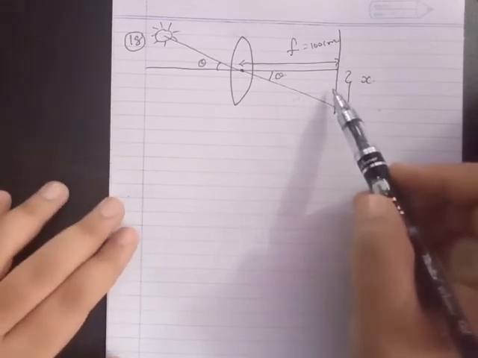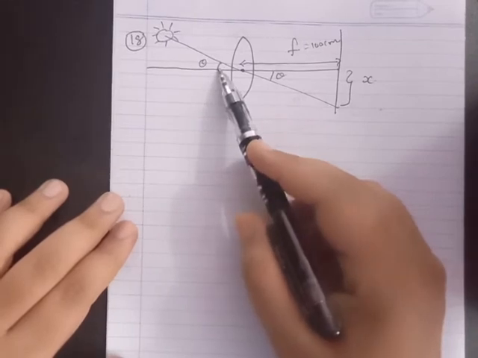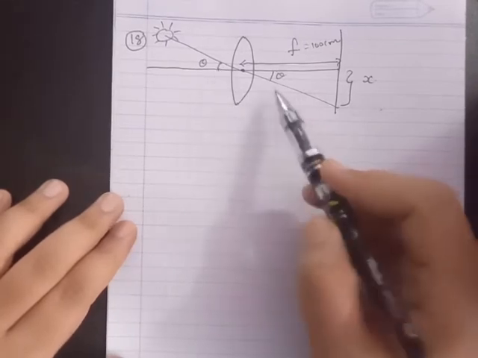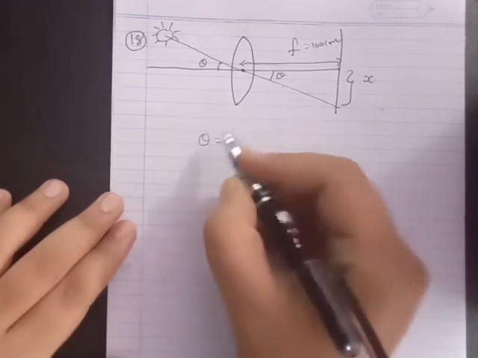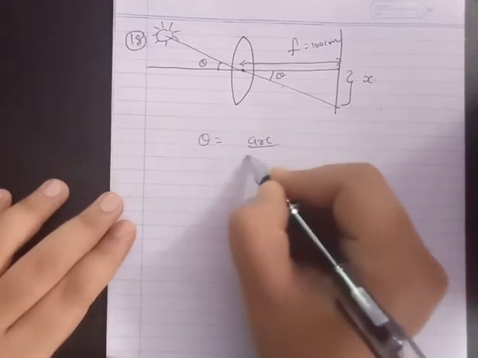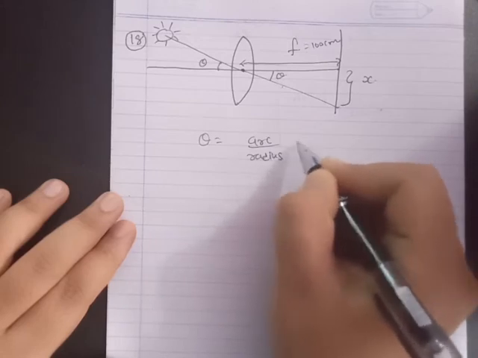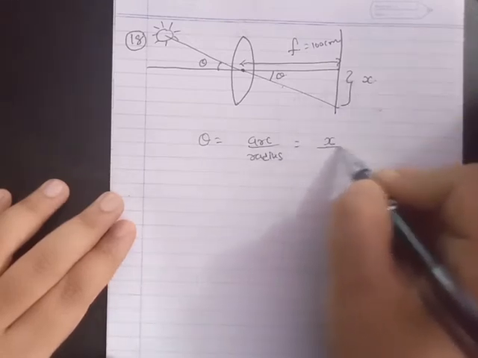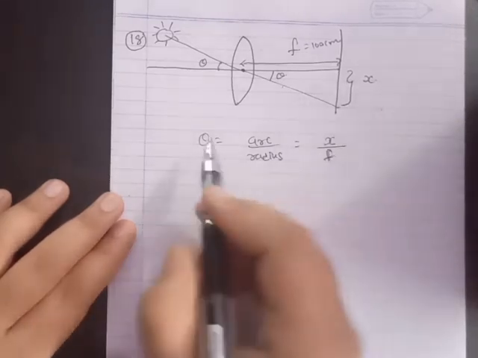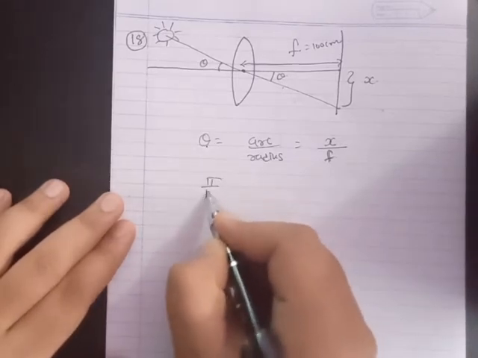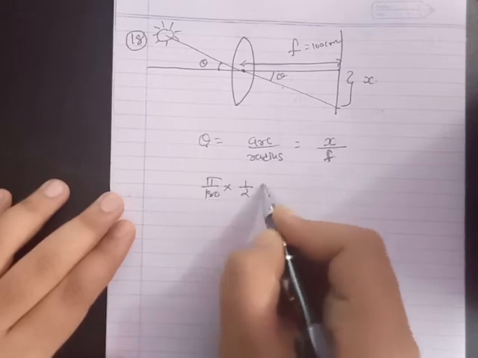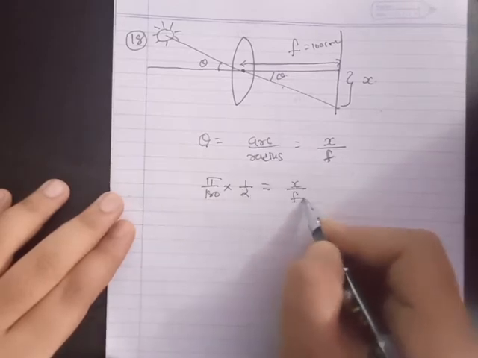Here the subtended angle is 1 by 2 degree. So from this we can write angle theta is equal to arc upon radius. Here arc is x and radius is f, but this theta should be in radian. So pi by 180 into 1 by 2 is equal to x by f.